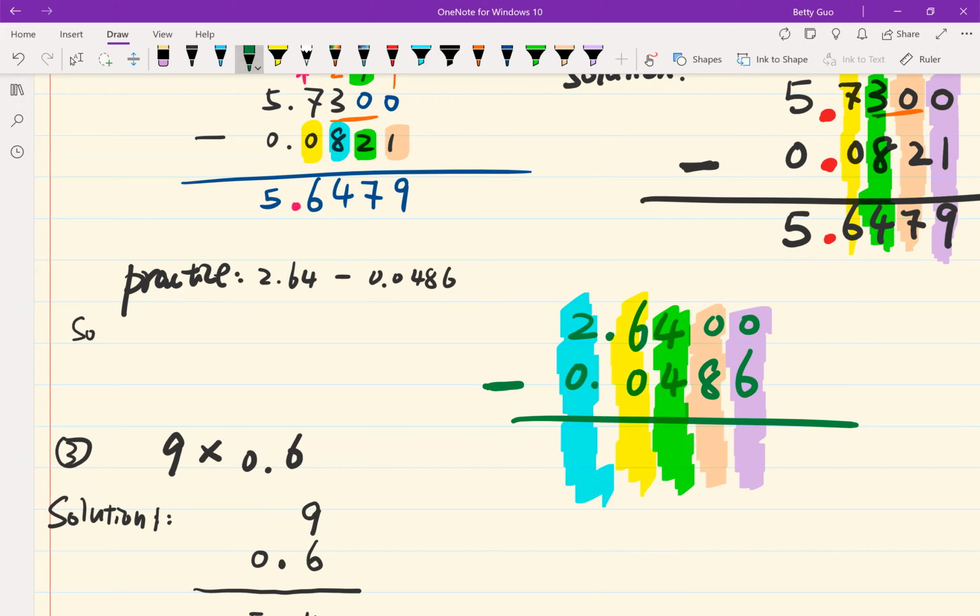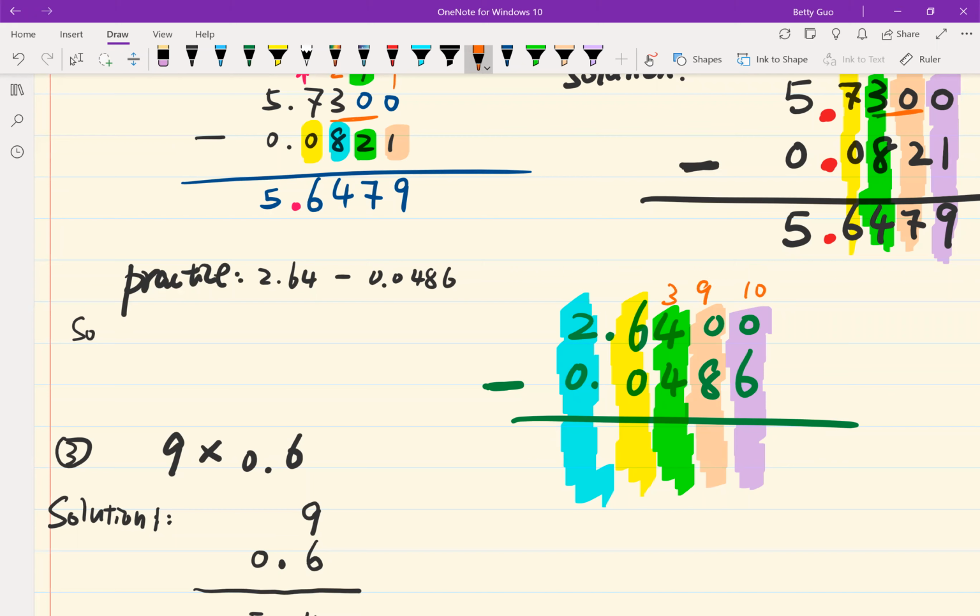Let's see how we process this. Anyone has the answer already? What is it? 2.5914. Yeah, that's correct. So let's see the purple column. 0 has to borrow 1, so it becomes 10, and 40 will become 39.